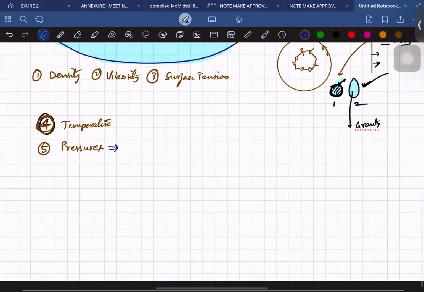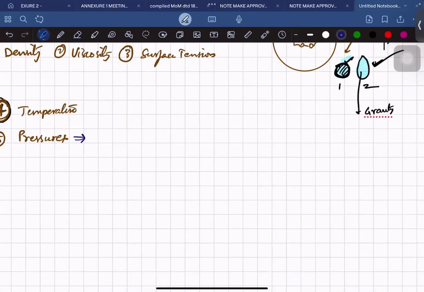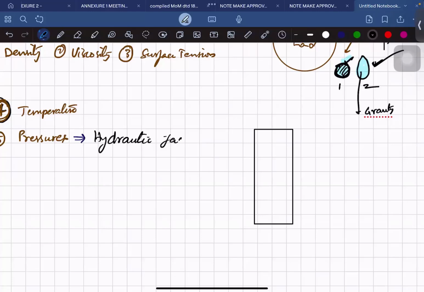You guys are almost right, but technically speaking, it is hydraulic jacks. Yes, that's the right answer. I admire your answer. Hydraulic jacks. This is a phenomenon where you use the pressure quality of the fluids, and we use it to lift heavier materials with minimum effort.